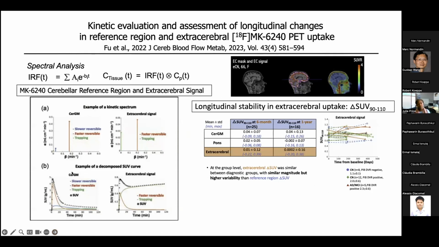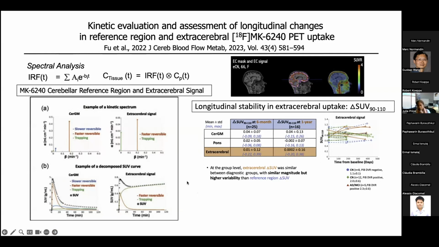And one of the things that we took a look at, again, was spectral analysis, just to decompose and see how the cerebellar gray matter would compare to this extracerebral signal. And there was a significantly larger trapping component. This could be noise, or it could just be maybe contamination by white matter.